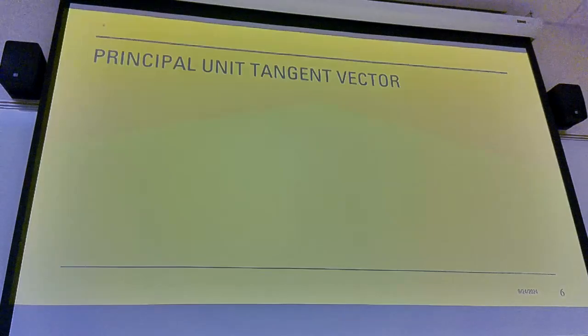Well, now we can find tangent lines in 3 dimensions. And so we can now find tangent lines with space curves.